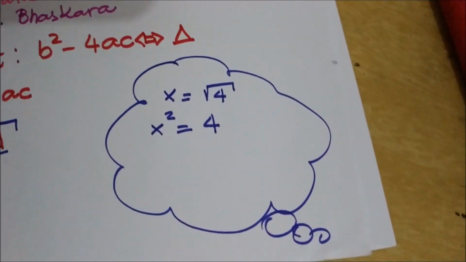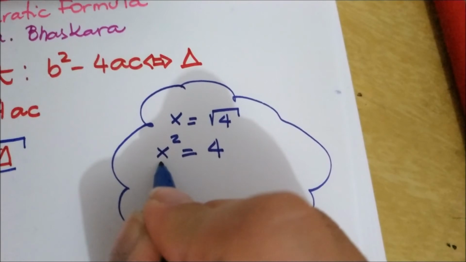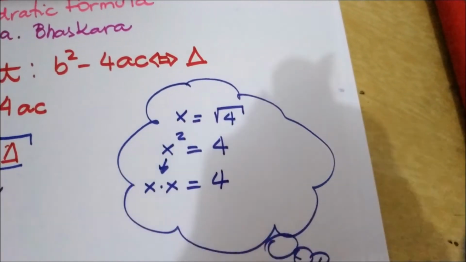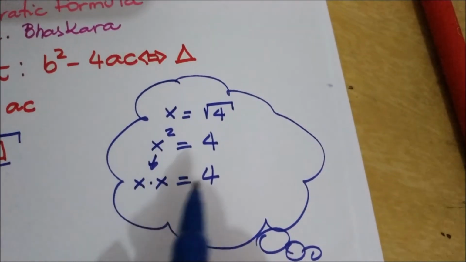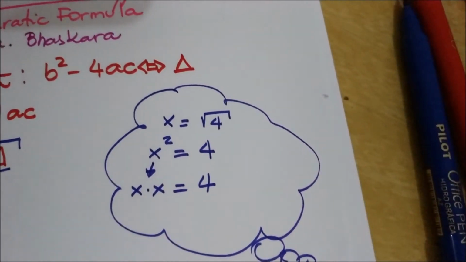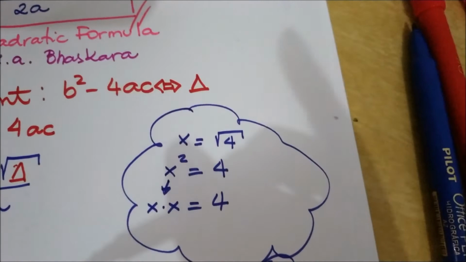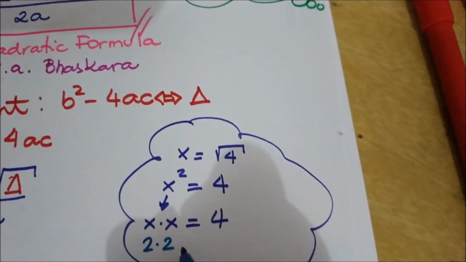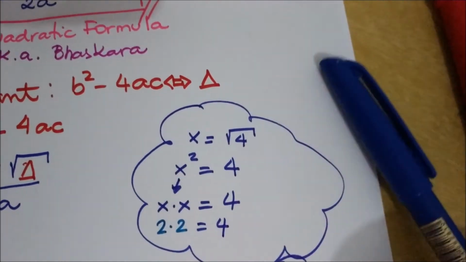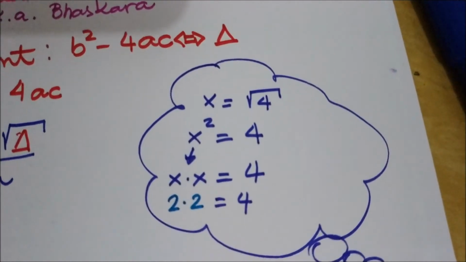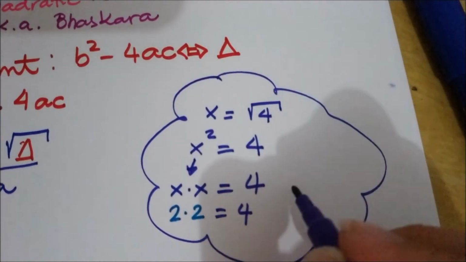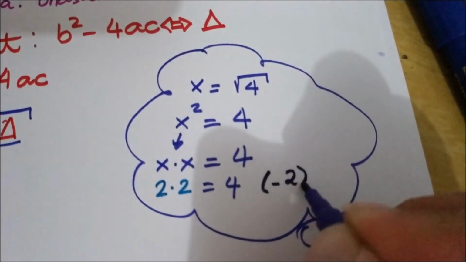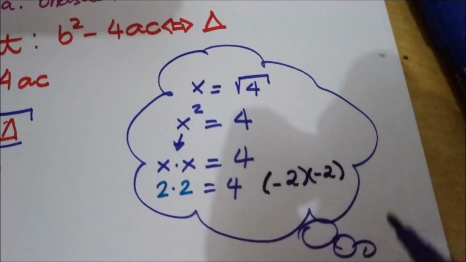So which numbers? And remember that x squared is the same as x times x equals 4. What number multiplied by itself is going to be 4? Yeah, 2. 2 times 2 is 4. Is that your only answer, or is there another? And that's where it gets beautiful. It could also be negative 2 times negative 2.